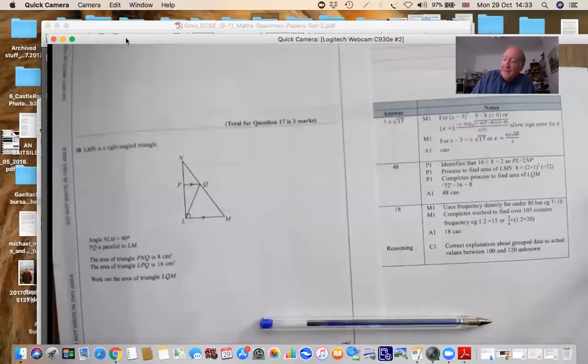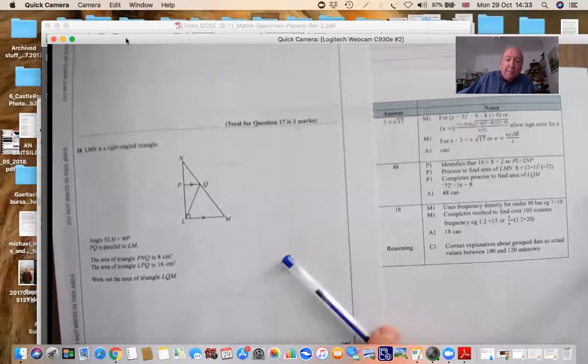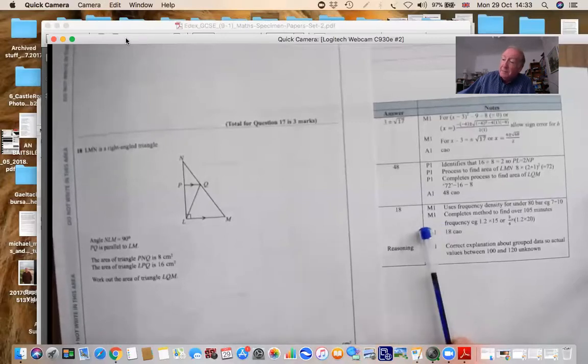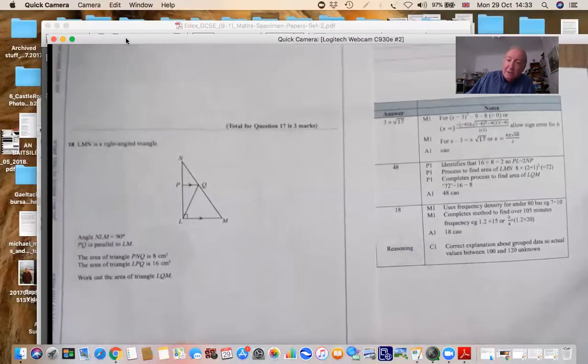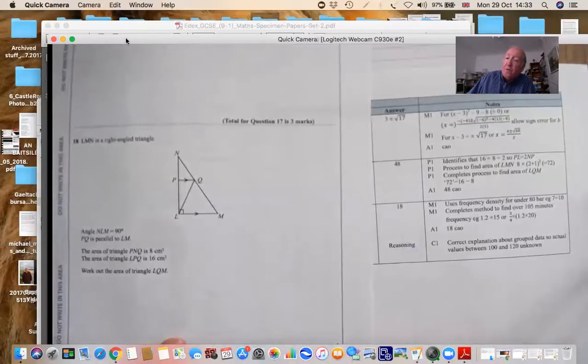And the moral of the story is that we have to actually learn our maths and be able to do our maths, because just looking at the mark scheme is not really the answer. It's not. The mark scheme, of course, is written by examiners for examiners, by teachers for teachers.